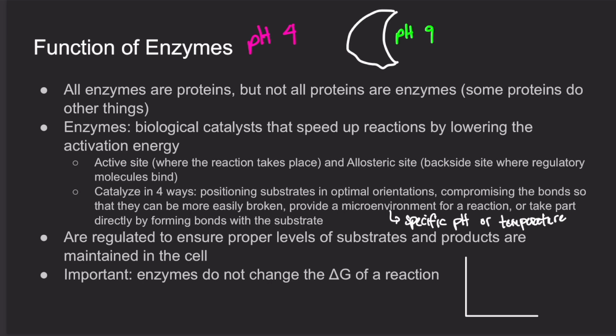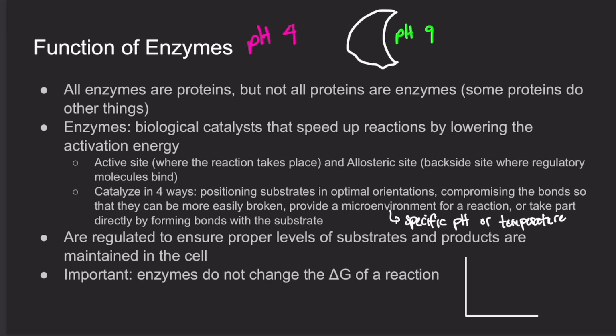So we can regulate our enzymes both through competitive inhibition, meaning that a substrate and an inhibitor both can go into the active site. The inhibitor can block access to the enzyme, or block the substrate's access to the enzyme, or you can work through allosteric regulation, meaning that a regulatory molecule will bind to the backside of the enzyme to alter its function.